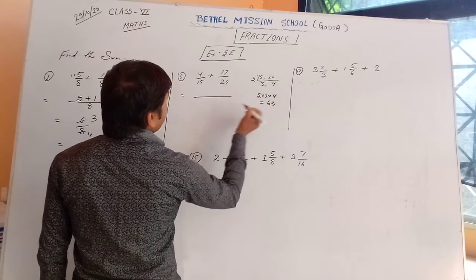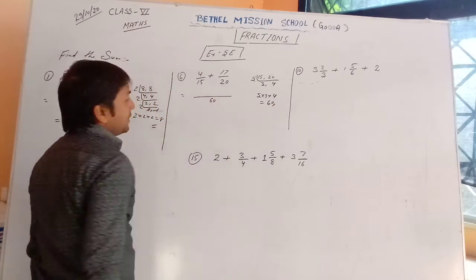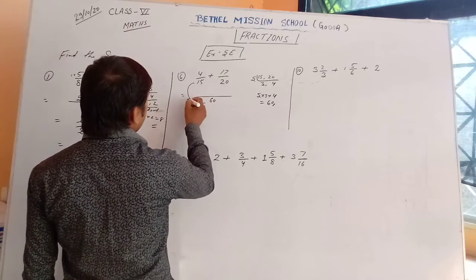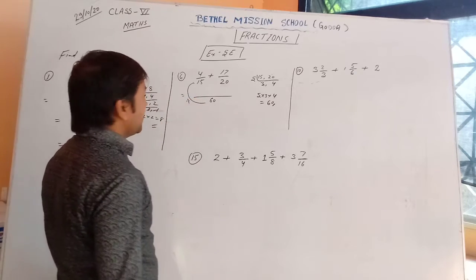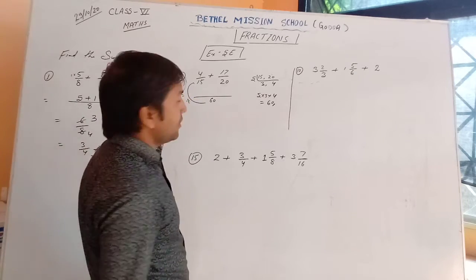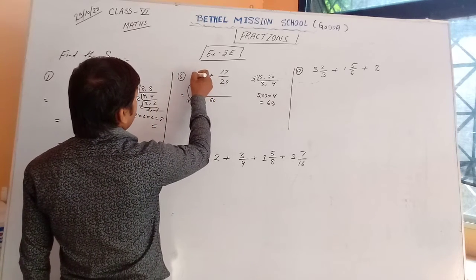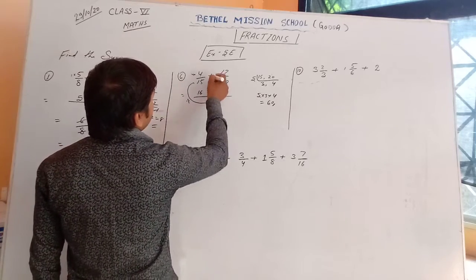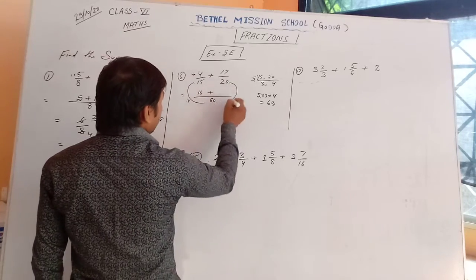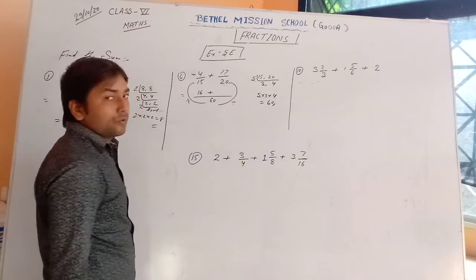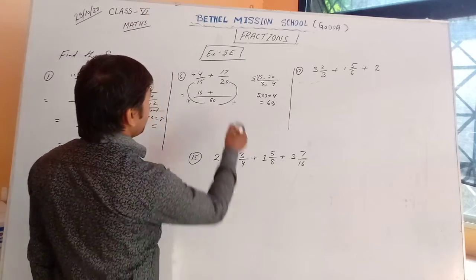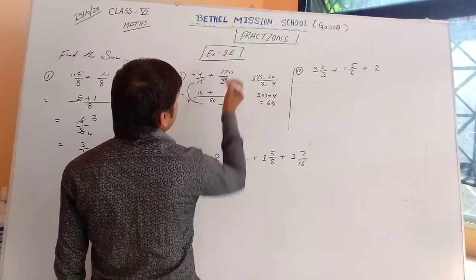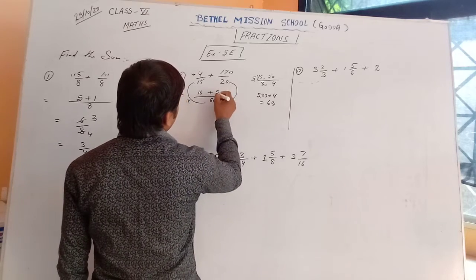This 60, the LCM, you will write here as the denominator. Now 60 divided by 15 is 4 times, and with 4 you have to multiply this one. 4 times 4 is 16, right, here 16, and a plus symbol. Again divide 60 by 20, you will get 3. 3 multiplied by this one, 17, is 51.